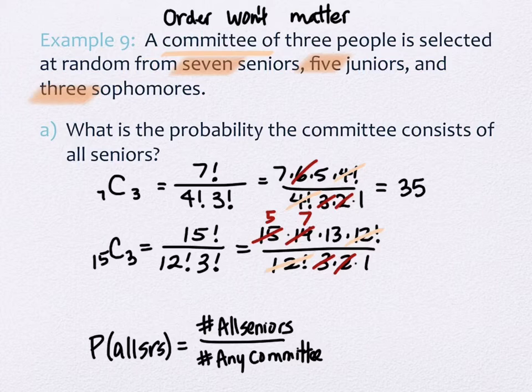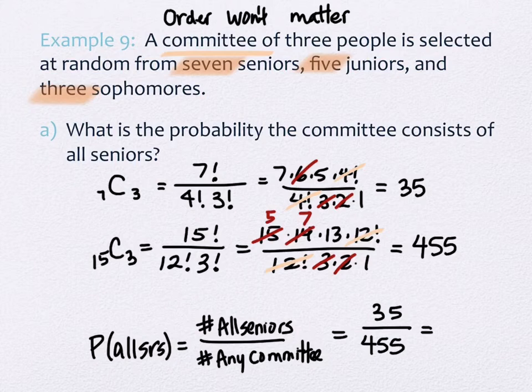So I need 5 times 7 times 13. What is that? 455, right. So there are 35 committees of all seniors, 455 committees of just whatever. And what is 35 divided by 455? And we'll use 4 decimals again as well. I have 0.0769. Okay. All right, we're close, but yeah, 0.0769.